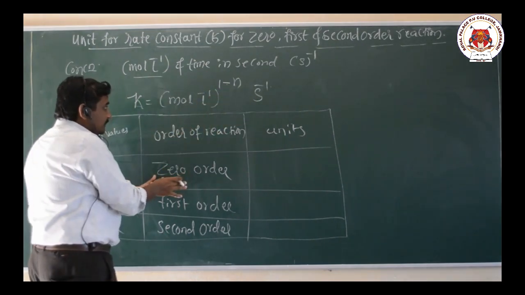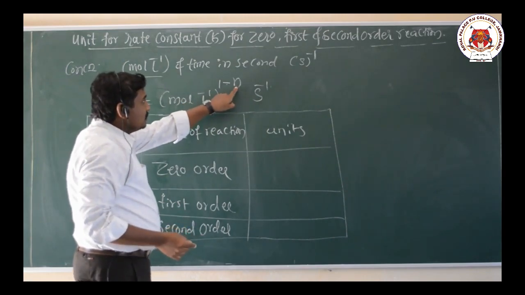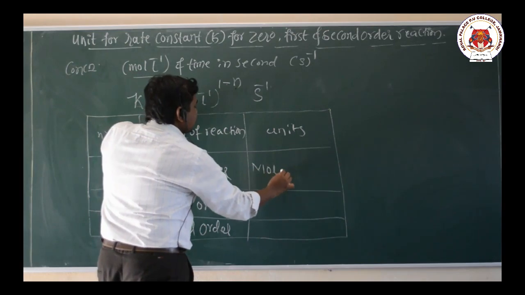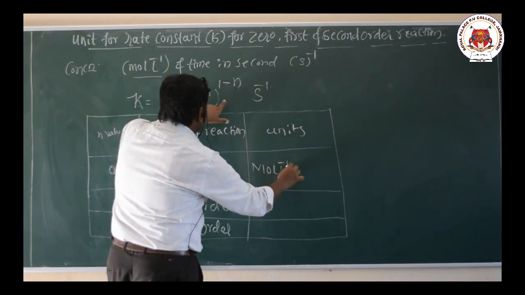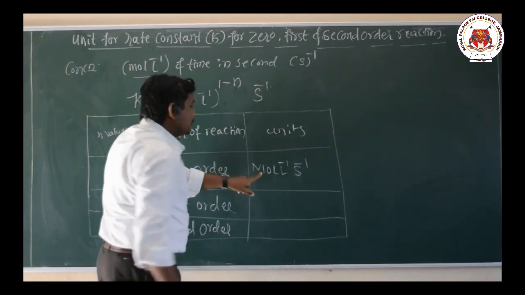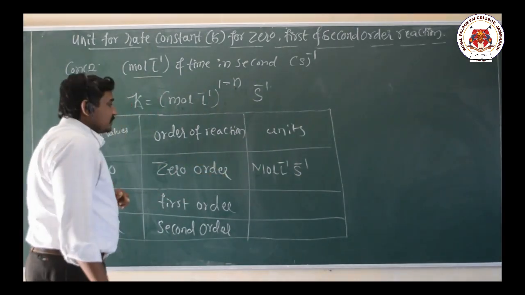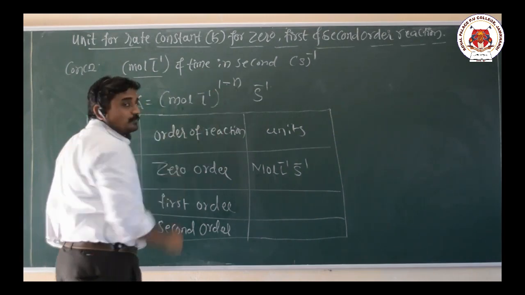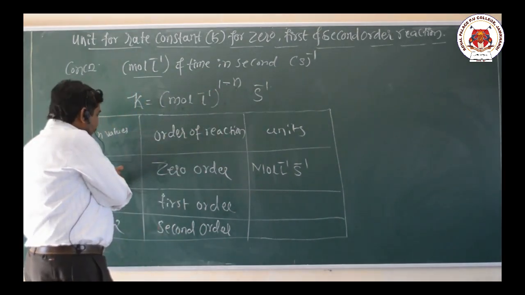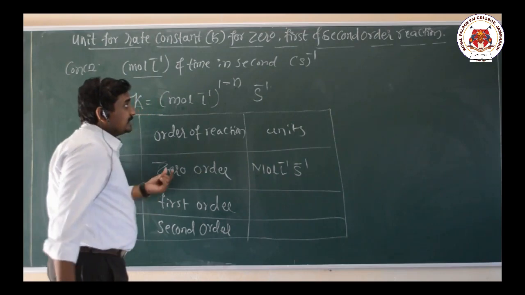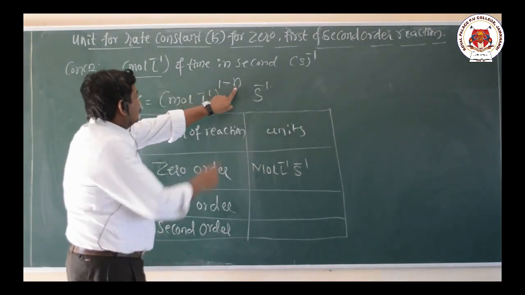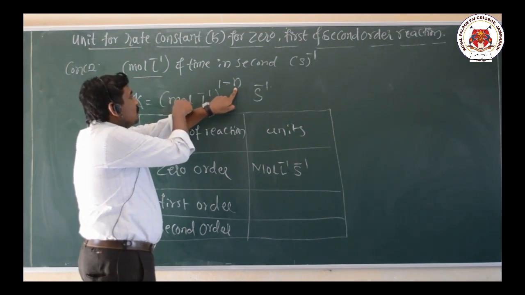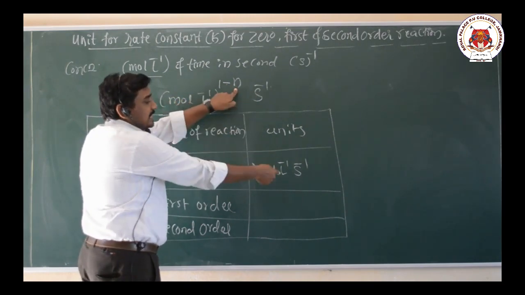So the unit for the zero order reaction is mole per liter per second. Here we put the n value 0, and 1 minus 0 becomes 1, hence the unit is the same, mole per liter per second.